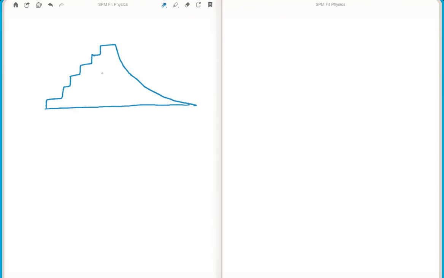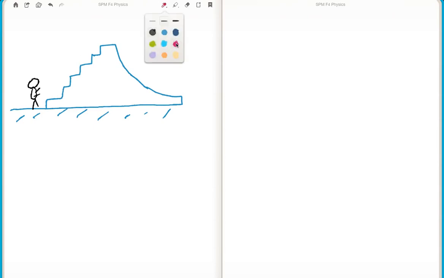A slope, a slide. Now a person climbs up the hill, climbs the stairs, and then slides down.